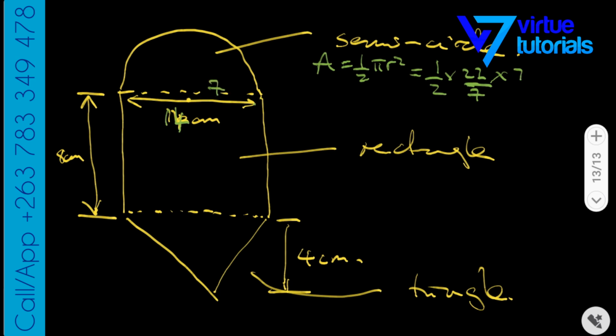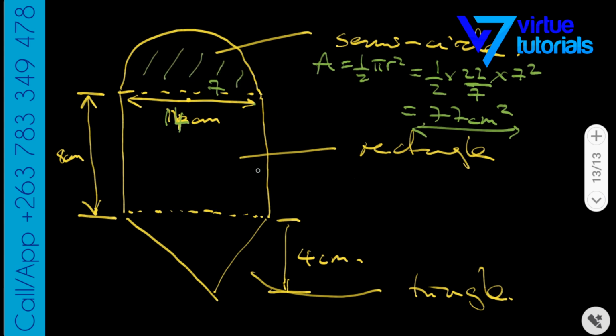So our r is going to be 7, so 7 squared. So this is going to be a half of that times 7 squared. So that's going to be 11 into that, and then 7 into that 7. 7 times 11 is going to be 77 centimeters squared there. So that's the area covered by this thing.